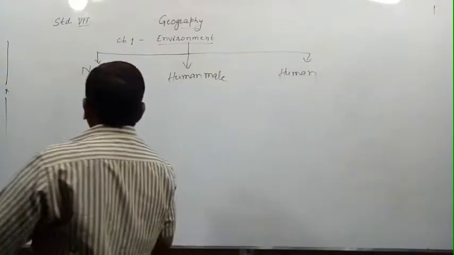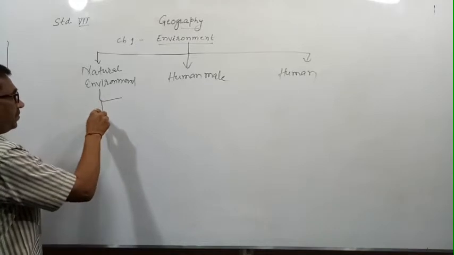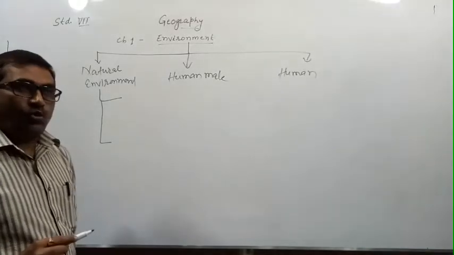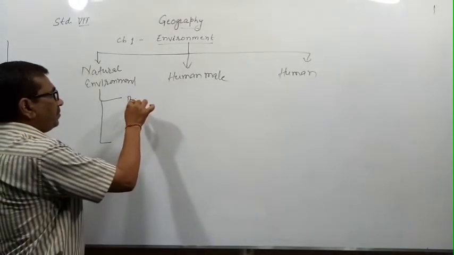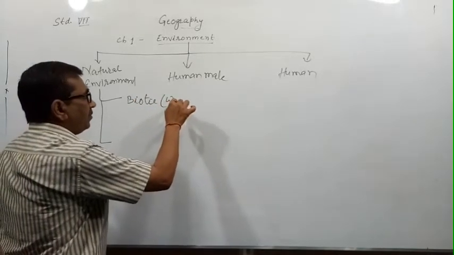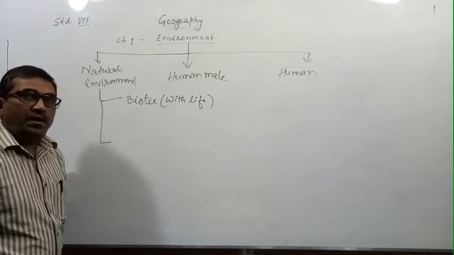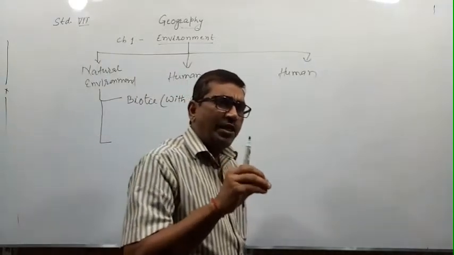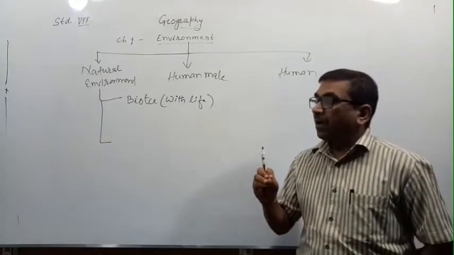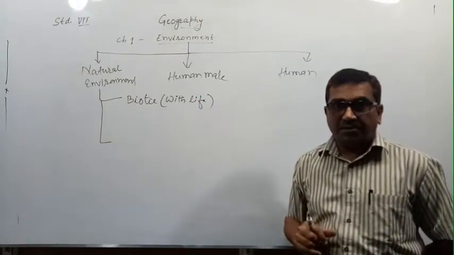First, let us talk about our natural environment. It has two parts, two groups. One is biotic. Biotic suggests with life. Anything that is naturally obtained by us which has life is considered under the biotic environment, and biotic environment is a part of natural environment.